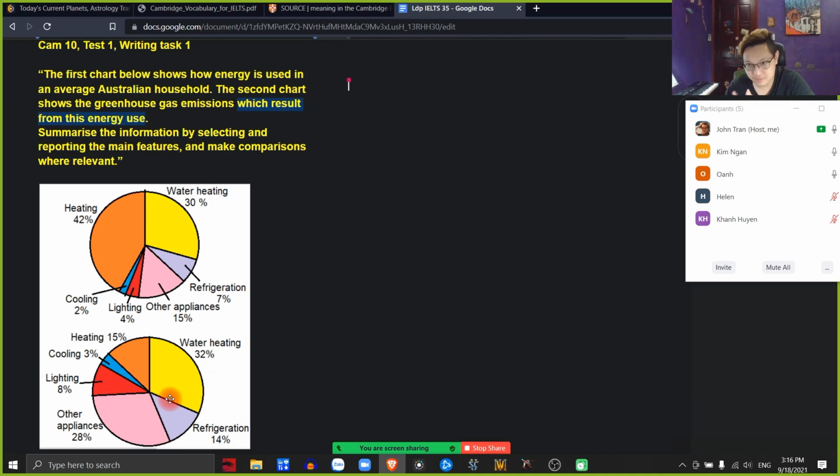So it's important to know that cause and effect because you will use that logic in your writing. Because some people might misunderstand the essay title, and they might think that these two pie charts are two different places, two different nations, or even two different times.